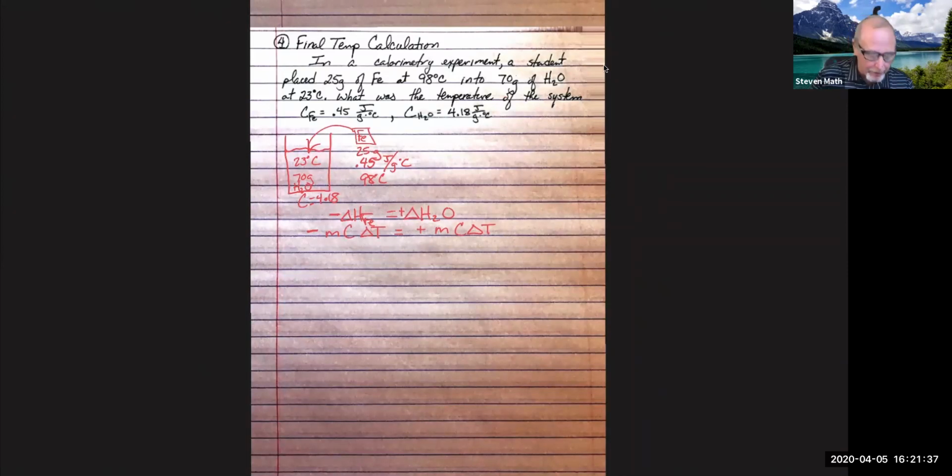Now this one's going to take a little bit of work on our calculators. This is going to be negative MC (TF minus TI) equal to positive MC (TF minus TI). And here's the deal, kids. This TF and this TF are going to be the same, because this iron and this water are going to reach the same temperature.